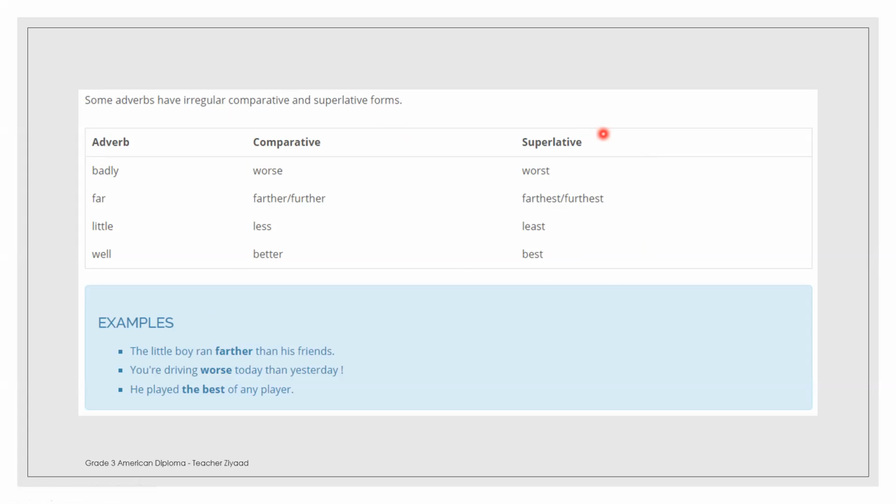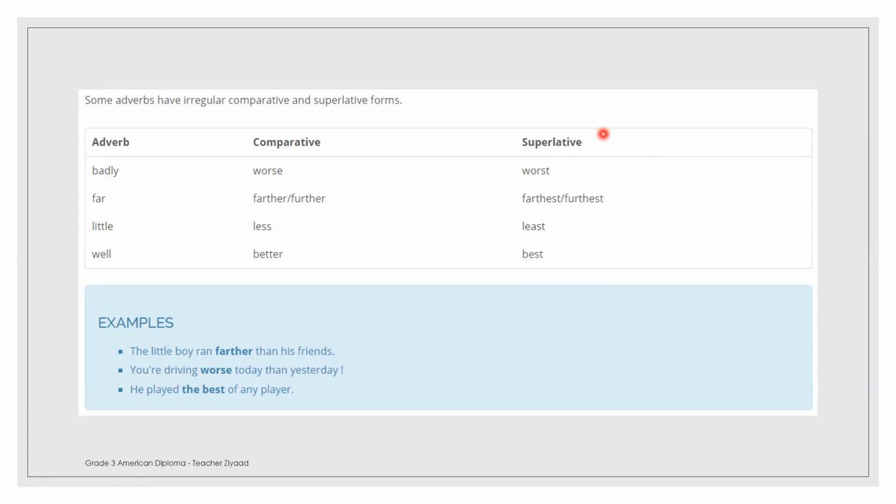So it says badly, worse, and worst. Far becomes farther or further, and then farthest or furthest. Little becomes less or least, and well becomes better and best. You can also have an adverb that says good, so it is good, better, best.